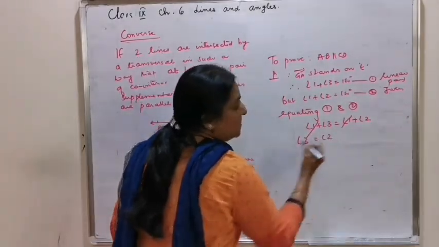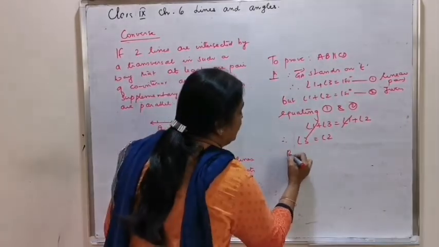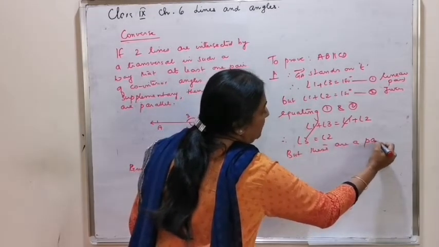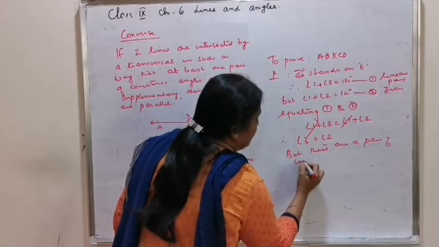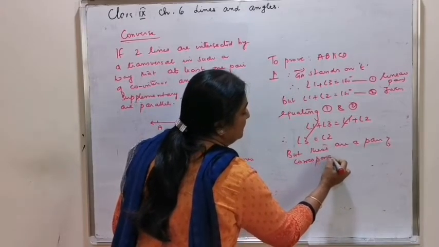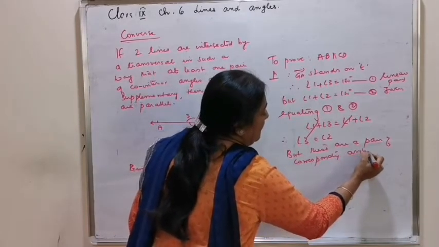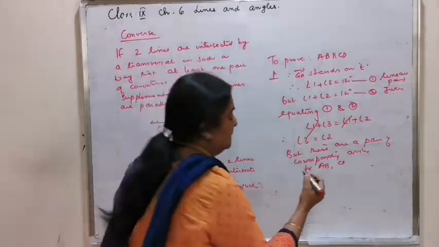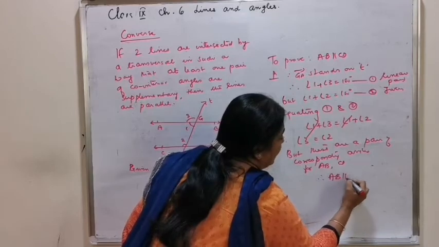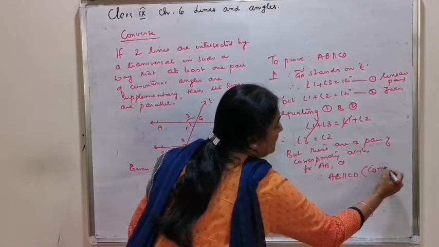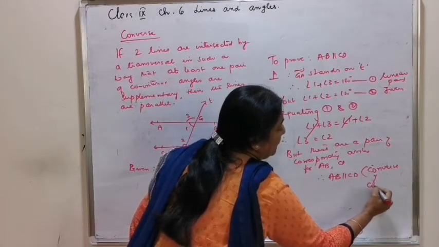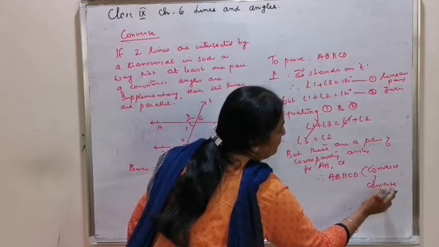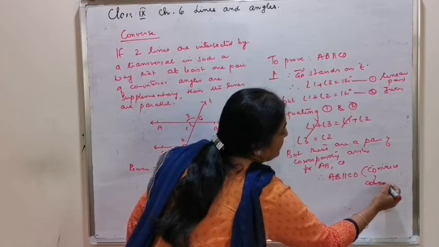Angle 3 is equal to angle 2, but these are a pair of corresponding angles for AB and CD. Therefore, AB parallel to CD by converse of corresponding angles axiom.